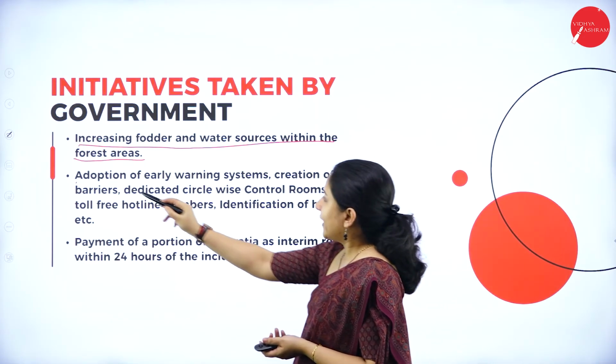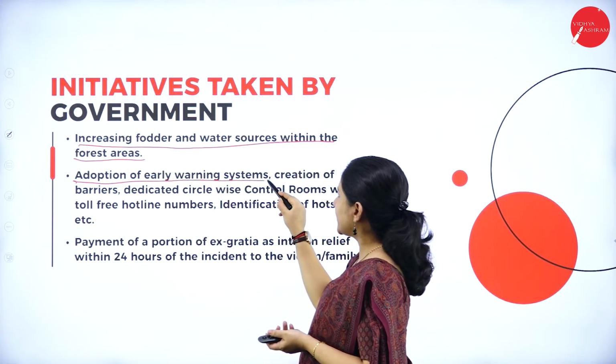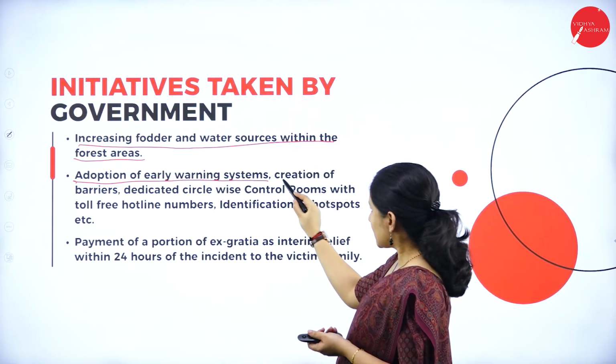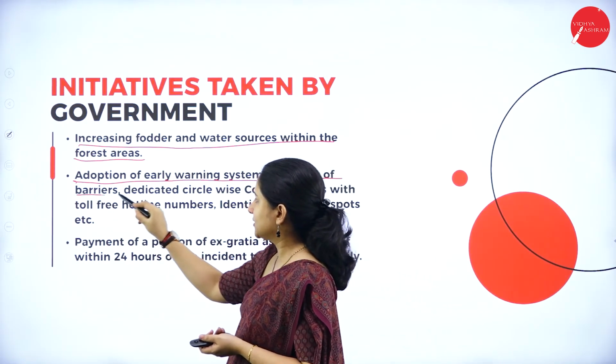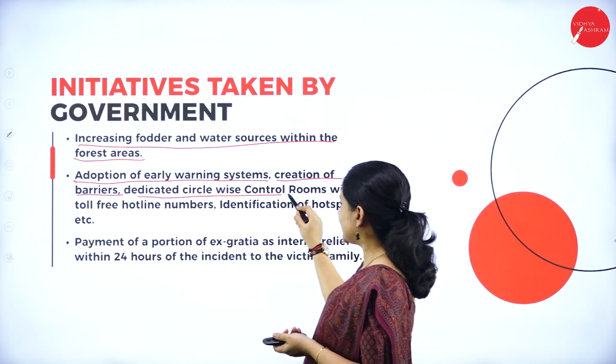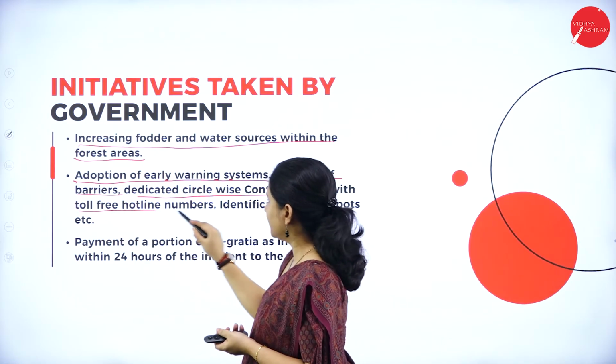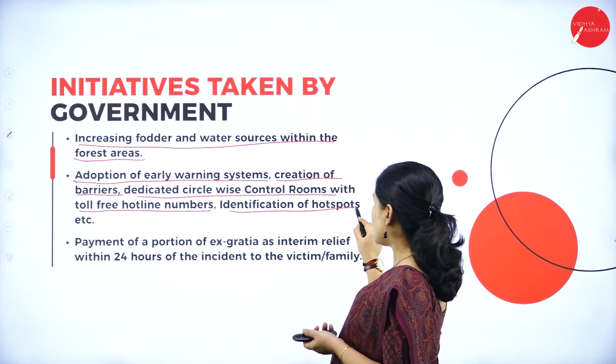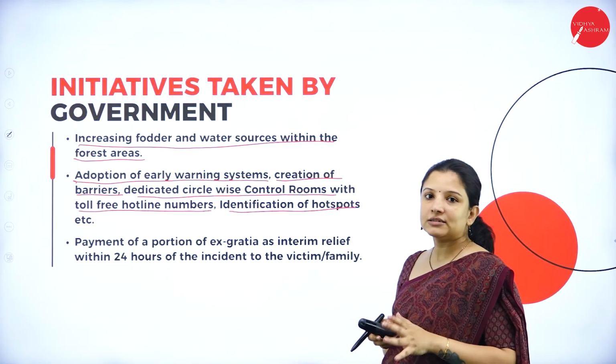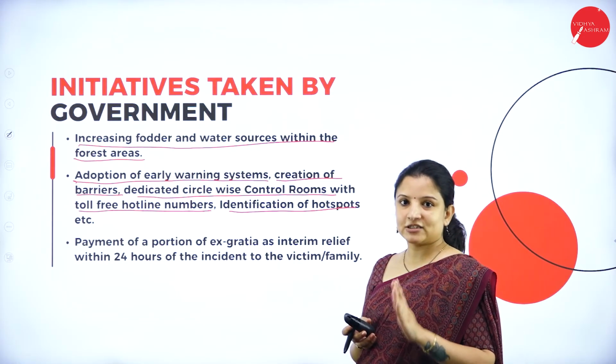So next is adoption of early warning systems, then creation of barriers, dedicated circle-wise control rooms with toll-free hotline numbers, identification of the hotspots, etc. One is adoption of early warning systems.